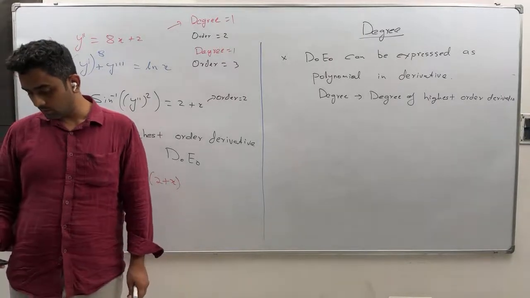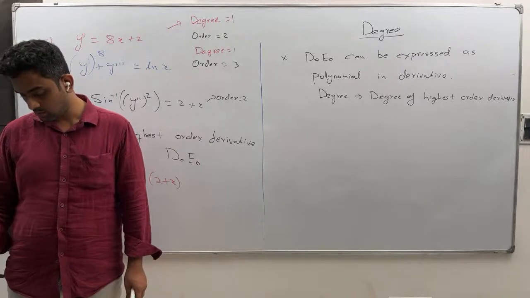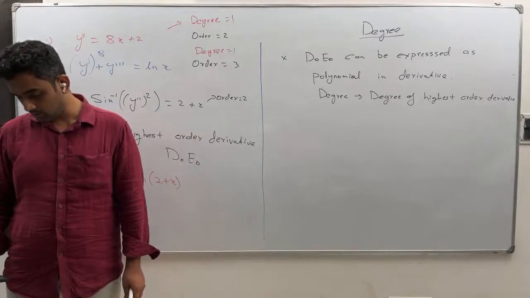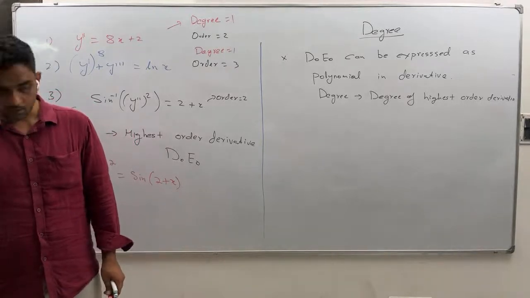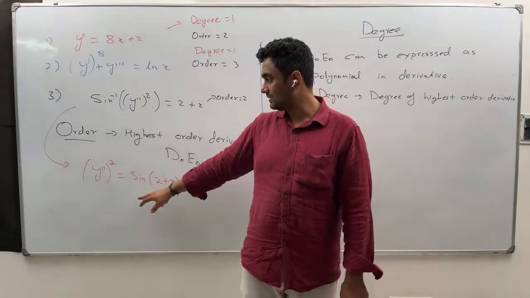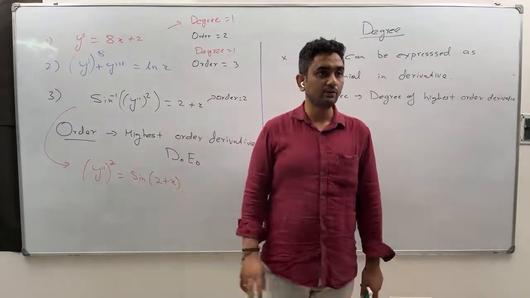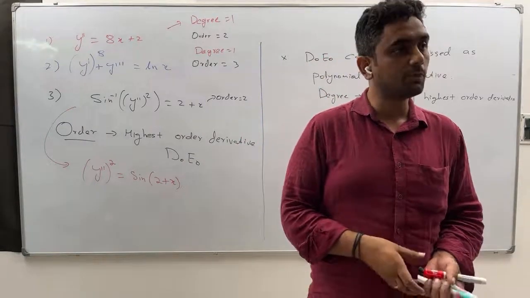Now we can clearly see it is defined, so degree will be 2. Not always is it possible.